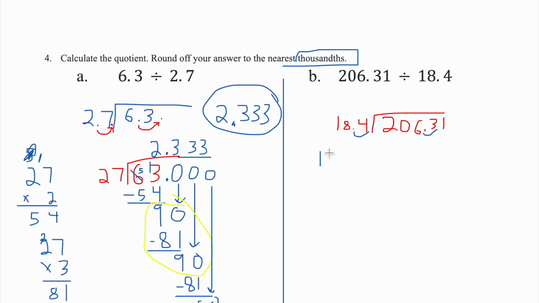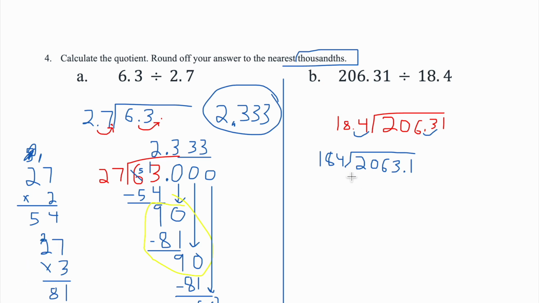So I've got 184. And then I've got, after I move that decimal, I've got 2,063 and a tenth. All right. We got space.